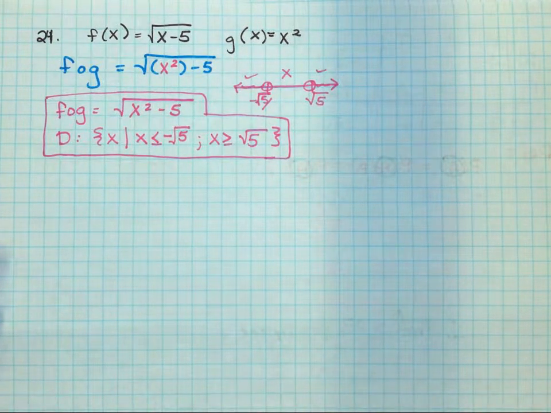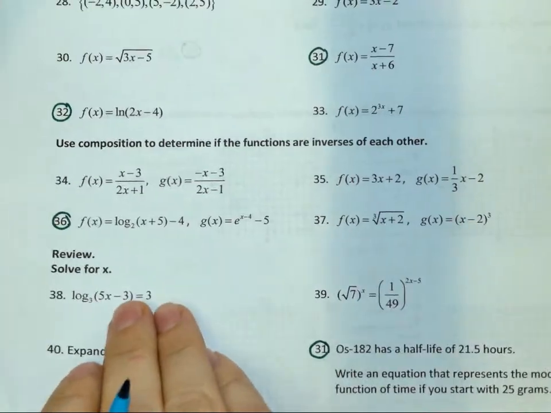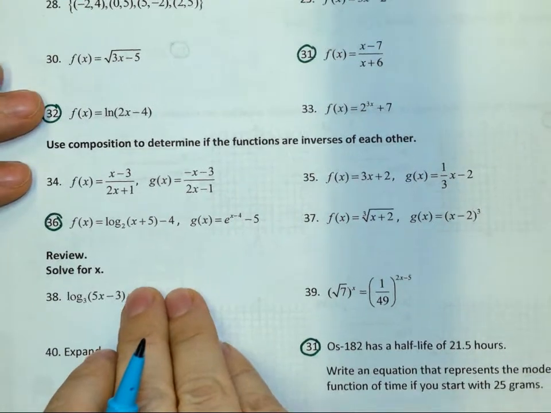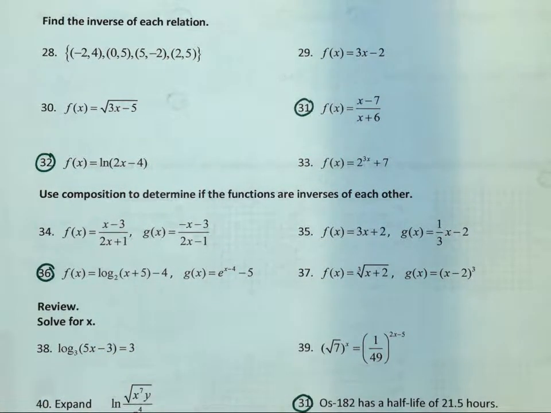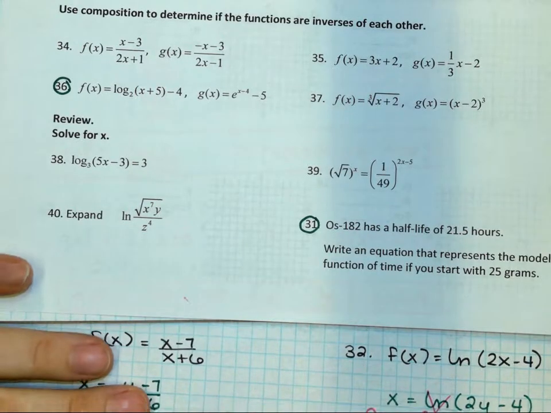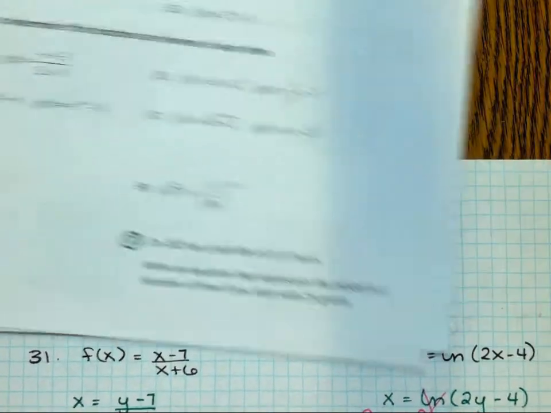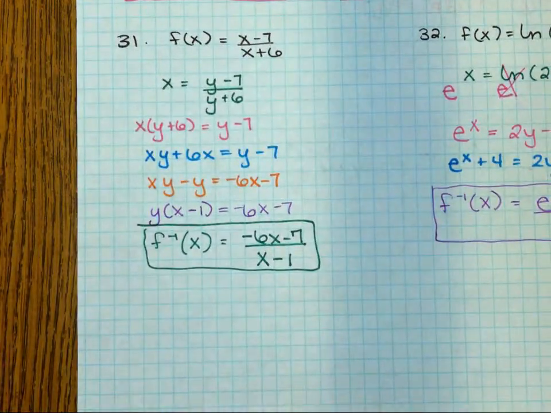So the next ones I want you to do are 31 and 32, and then I want to do 36 and 30. Oh, look, it goes from 36, 38, 40, and then 31. Okay, so I'm going to do those last 2 with you. For 31, take a look.